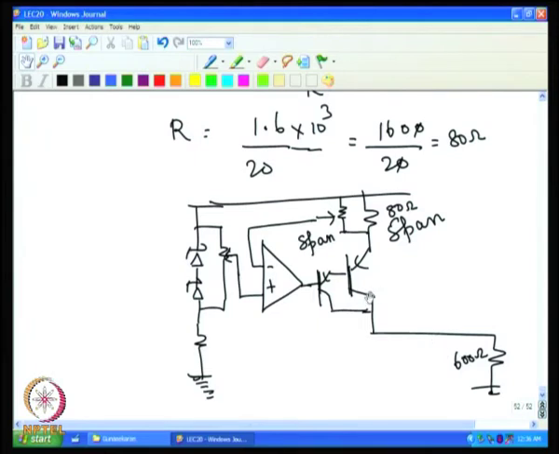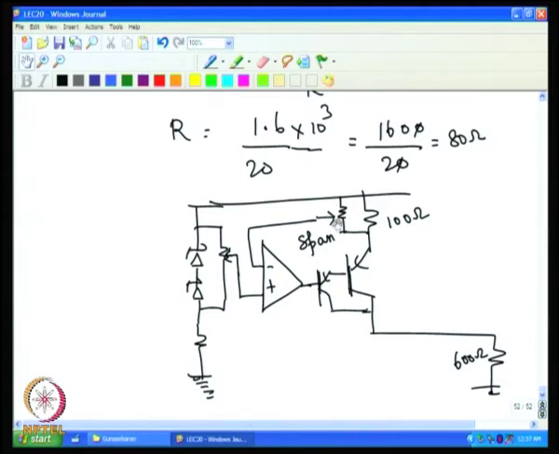So, normally what is done is that we can have this resistance a little higher, so that we have some adjustability. For example, I can have 100 ohm resistance here. So, when this point is compared to this point, if it is less by 1.6, then one can always move this upward to make it equal.